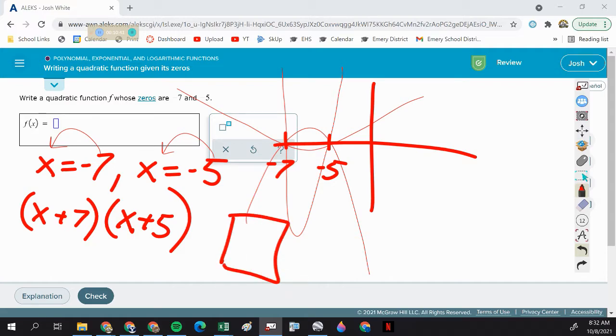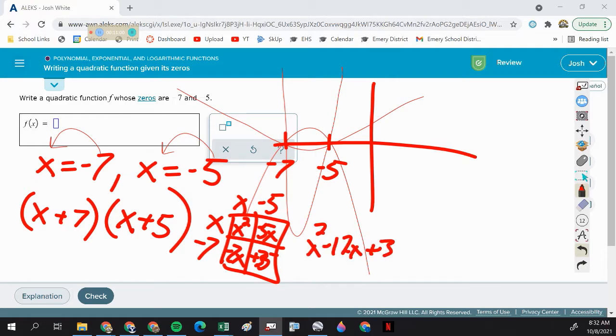So I draw the box. x plus 5, x plus 7, x squared plus 5x plus 7x plus 35. So x squared plus 12x plus 35. So that quadratic is guaranteed to hit the x-axis at -7 and -5.